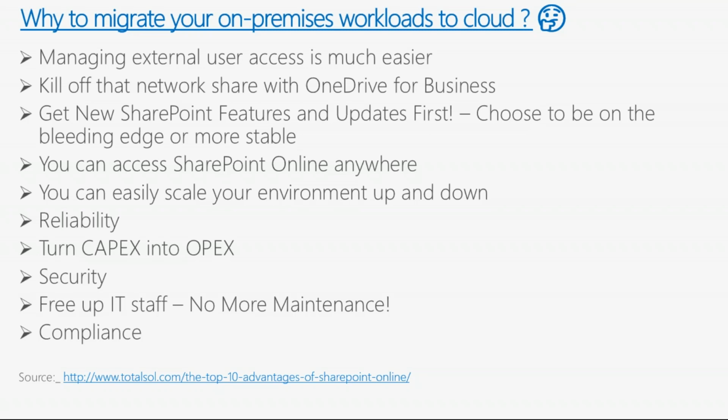We have all the updates coming into the cloud first, but that's not the case with SharePoint on premises. For example, the communication site and the group modern team site, which have been around in SharePoint Online for quite a few months, you can see only in the SharePoint 2019 on-premises version. So you really have to wait for the next on-premises version to release to take advantage of all these new features. With cloud, you're entitled to take advantage of those features at any time.